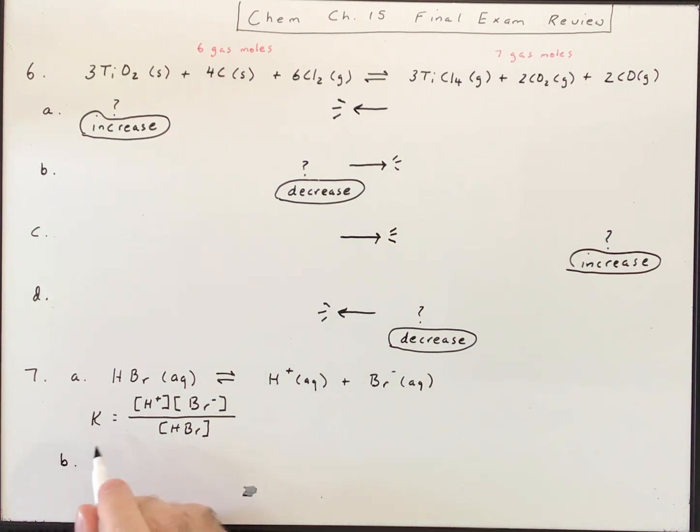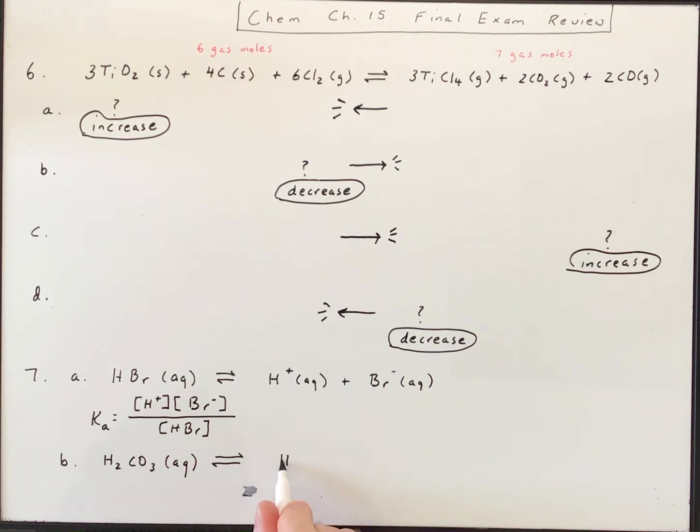All right, part B, we have H2CO3. Now we have to get the equation, the chemical equation first, and then the equation for the acid, and that'd be K sub A, by the way. All right, it's going to split into H plus. Now there's a couple of different options because this has reaction steps.